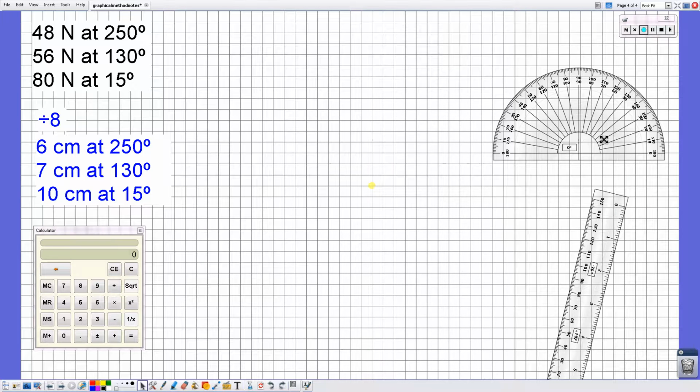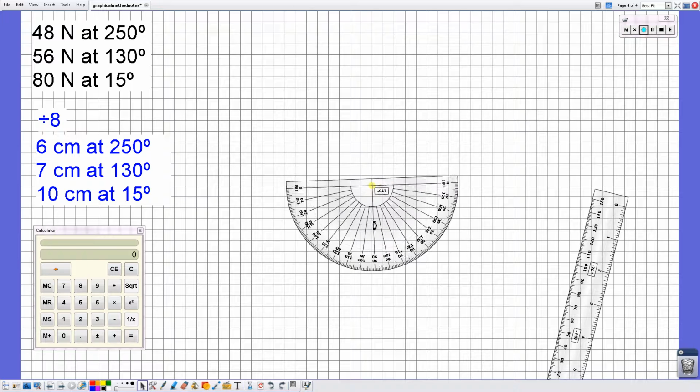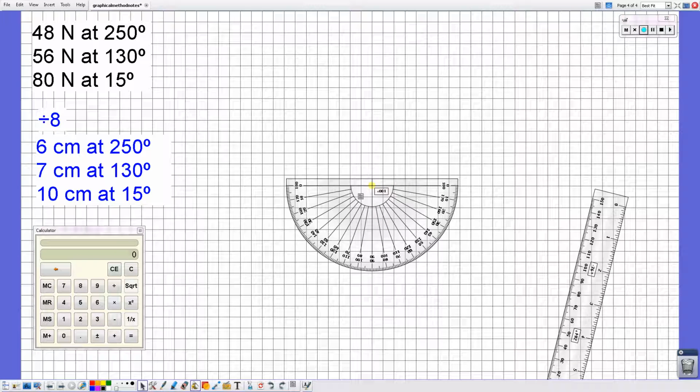Alright, first step, I need to find 250 degrees. Uh-oh, this only goes to 180. So I gotta flip it upside down. Alright, now, here's the confusing part. This is 180. This is not 170. This is 10 away from 180. This is 190. 200. 210.